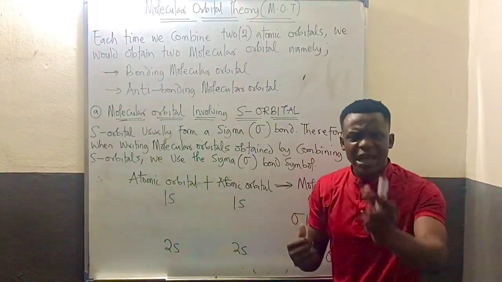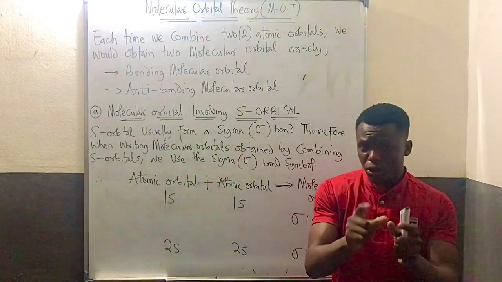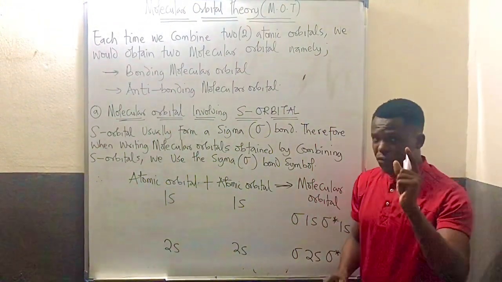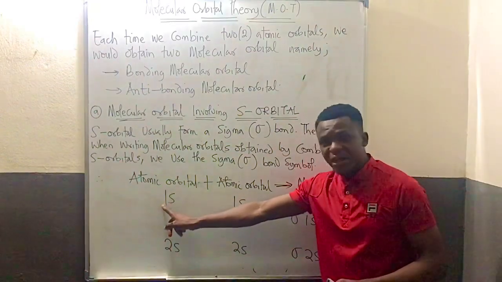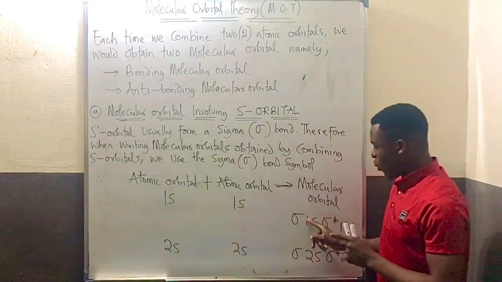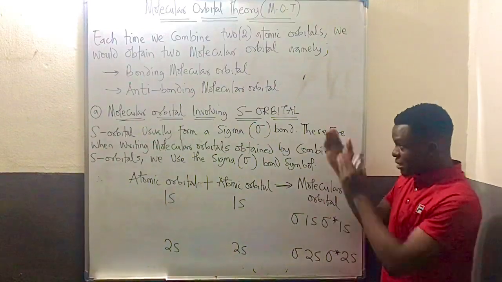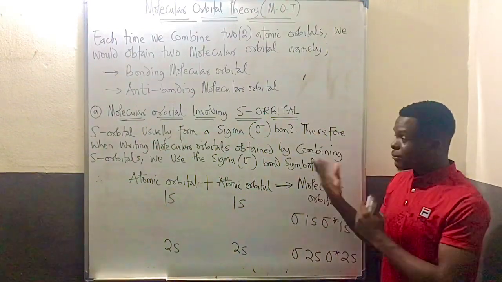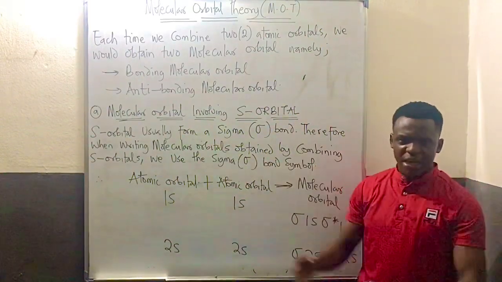Since it was s that was combined, I will use a sigma bond symbol because s orbital is going to form a sigma bond. Since the orbital was on the first energy level, that is 1, that's why I'm having 1 here. If it is on the 2, I will have 2. So please take a look at this, try to absorb it. I'm trying to give us a foundation. I don't just want to jump into writing the final state for us.